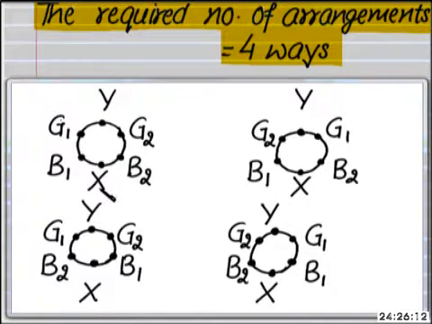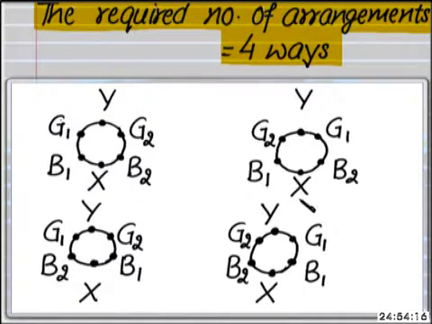In the first case, the boy X can sit B1 on the left side and B2 on the right side of him, and the girl Y can sit the girl G1 on the left side and girl G2 on the right side of hers.